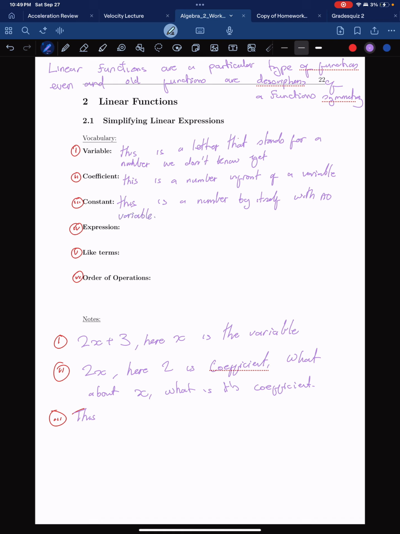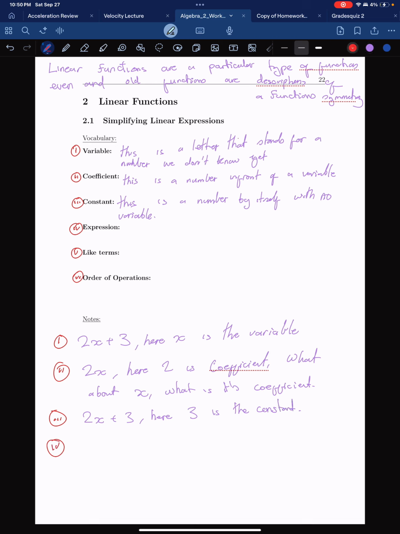A number by itself with no variable. All right, so an example you'd like, probably. So if I have 2x plus 3, comma, here 3 is the constant. Nice. All right.